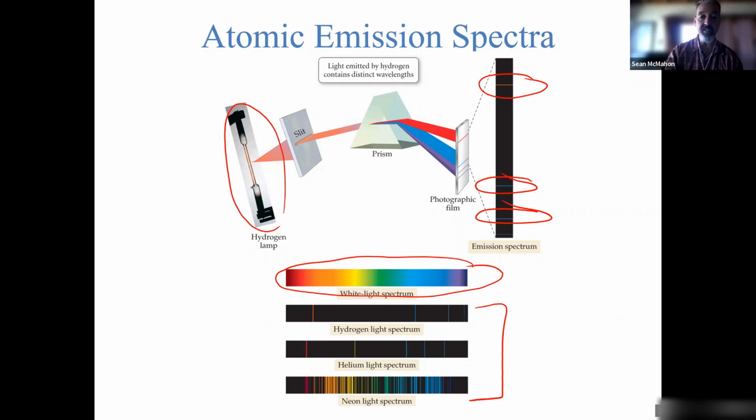Now, obviously, when the elements have more electrons, so hydrogen, if you look on the periodic table, has atomic number 1, it has 1 electron. Helium is 2, so it has 2 electrons, a little more complicated. When we go to neon, its atomic number is 10, so it has 10 electrons, it gets more complicated, but it's not a continuous spectrum.